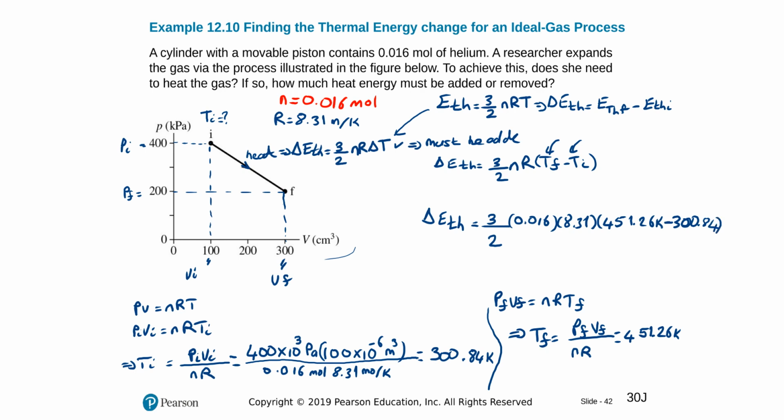Let's drop the Kelvin here as well, so I use the appropriate units. I'm going to find my heat energy in joules, and the answer should be 30 joules. Make sure you solve all this and find this result here.